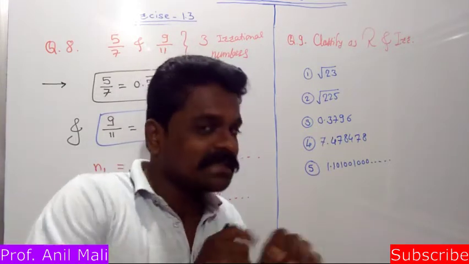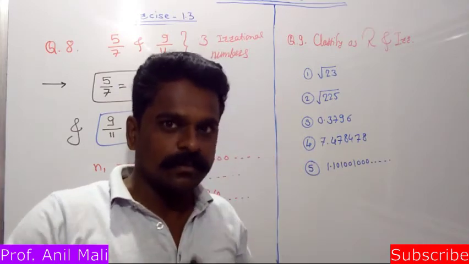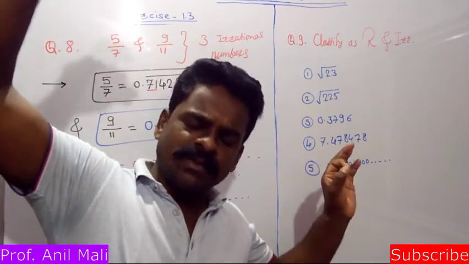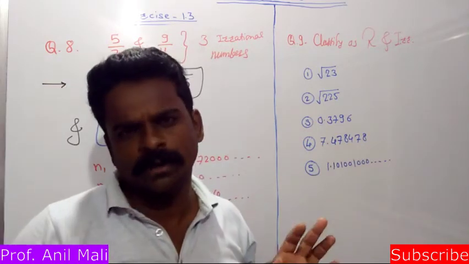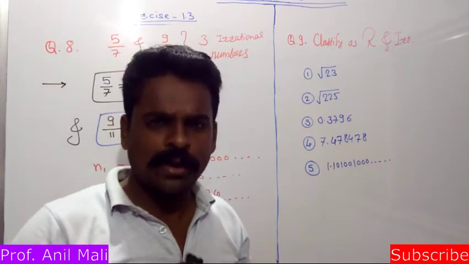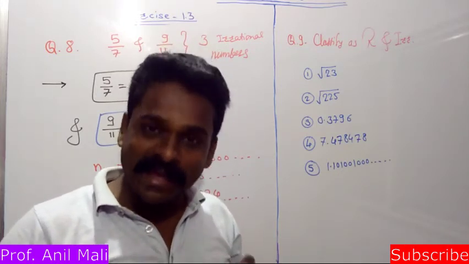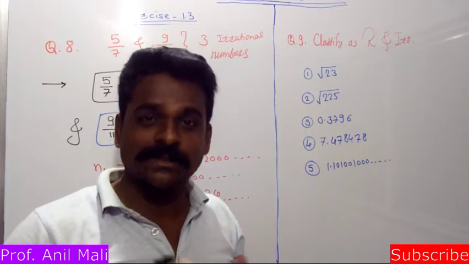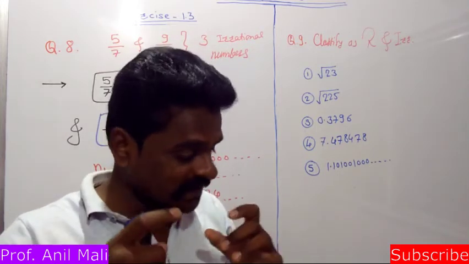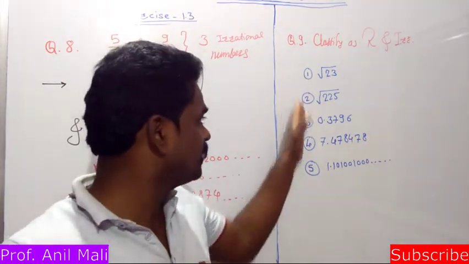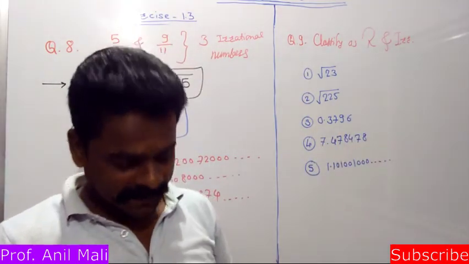And in irrational numbers, the decimal form is non-terminating and non-recurring, non-repeating. So no digit or group of digits is going to repeat in irrational numbers. With the help of the same concept, we will divide these 5 numbers into rational and irrational.